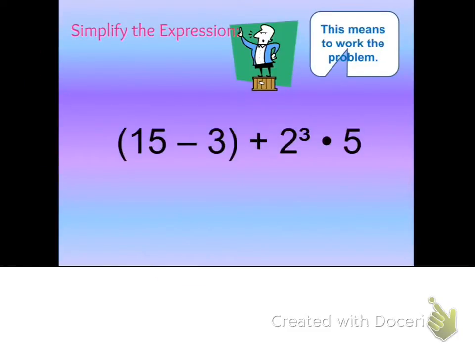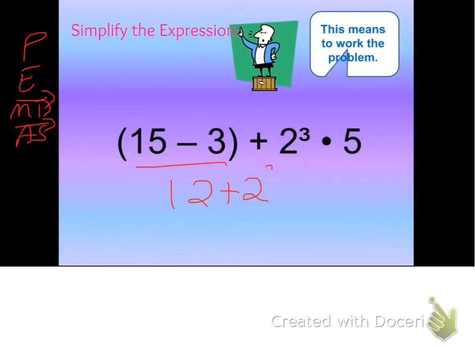Let's look at another one, making sure that we are following all of these steps in order. Parentheses first. 15 minus 3 gives us 12. Plus 2 cubed times 5. No more parentheses.